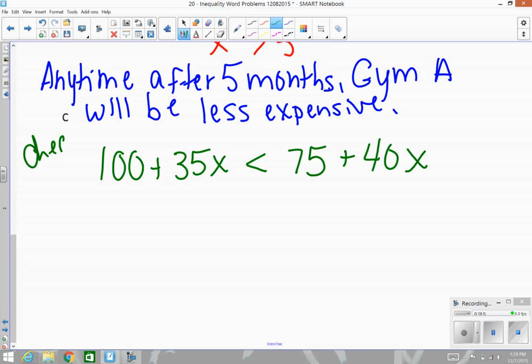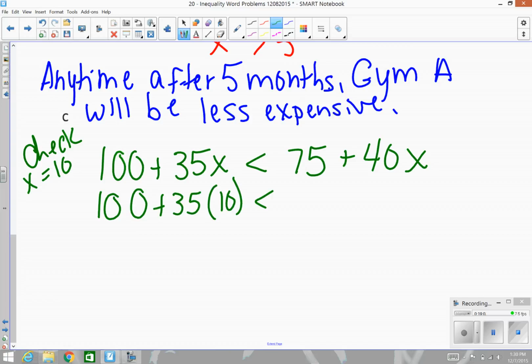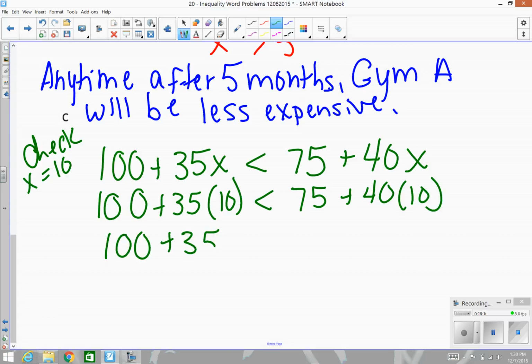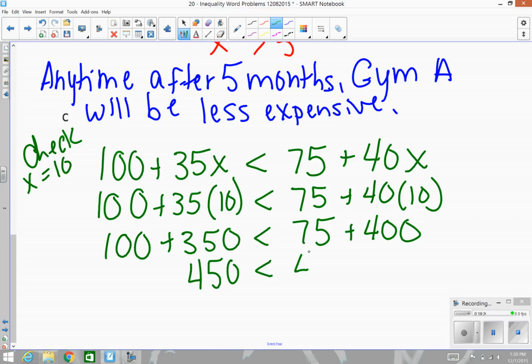So for my check, I'm going to say let x equal 10 months, but you can choose a different one if you want to. So 100 plus 35 times 10 is less than 75 plus 40 times 10. So I get 100 plus 350 is less than 75 plus 400. And this becomes 450 is less than 475, which is in fact true. So we know we shaded in the correct direction, and we are all set.